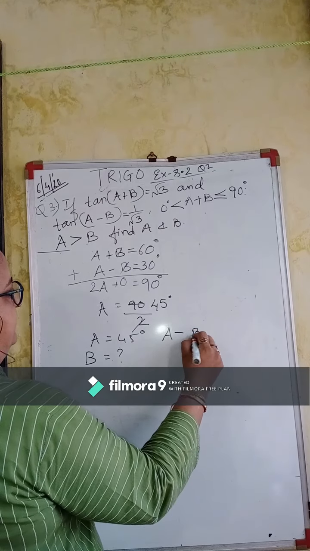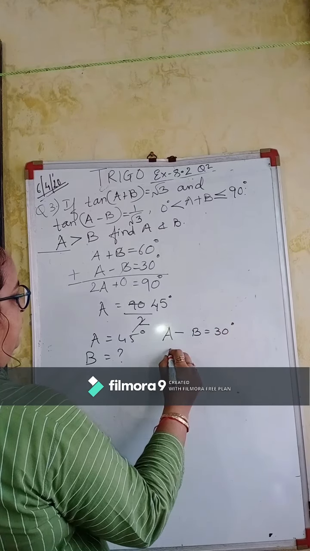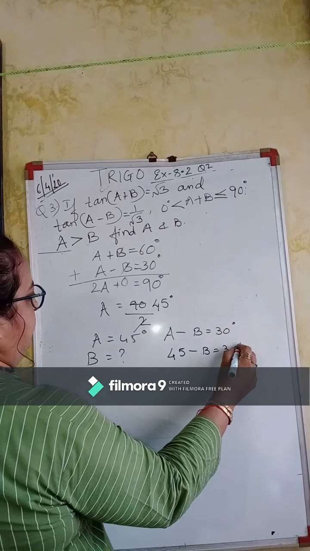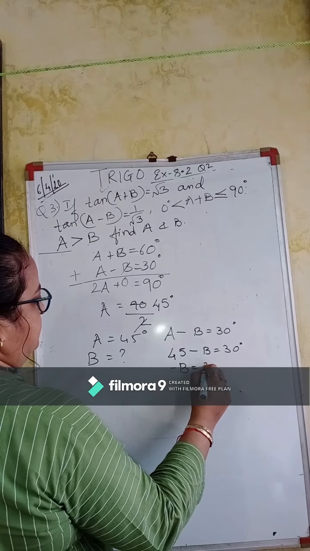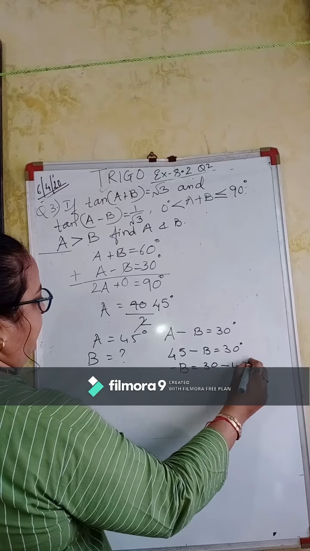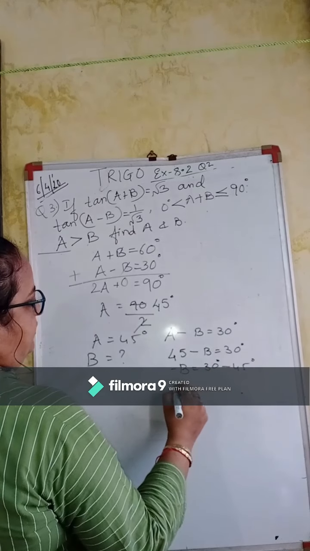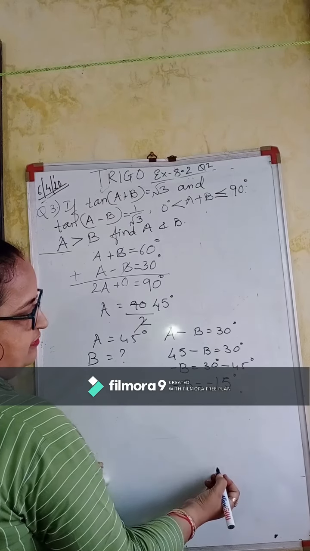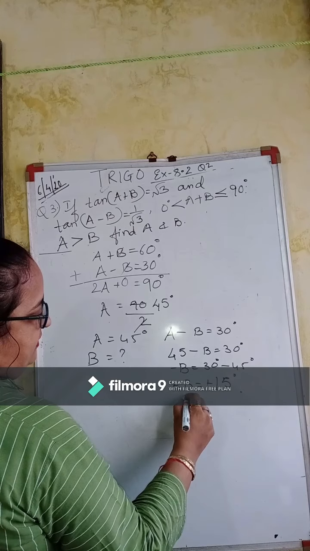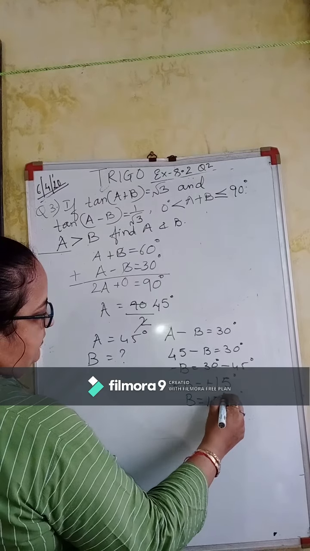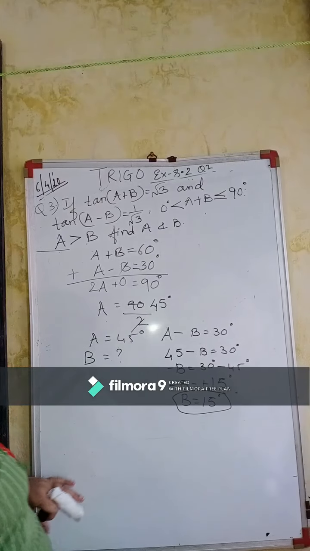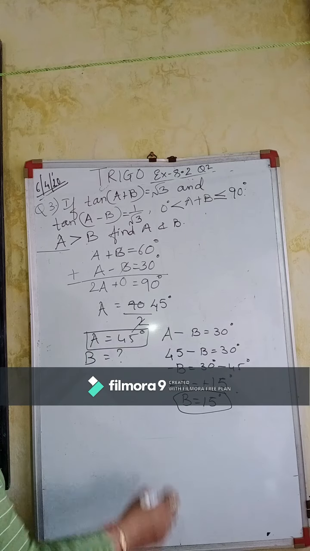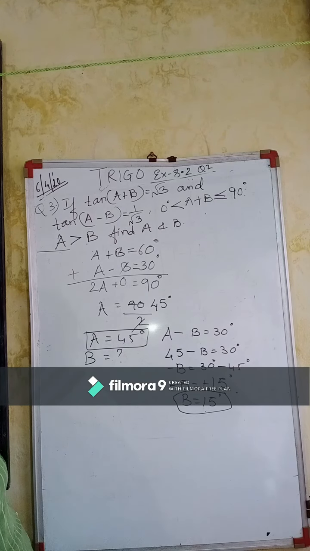A minus B is equal to 30 degree, so 45 minus B is equal to 30 degree. Therefore minus B is equal to 30 minus 45, that is minus 15. Cancelling the minus signs, B is 15 degree and A is 45 degree. Here it is proved that A is greater than B.